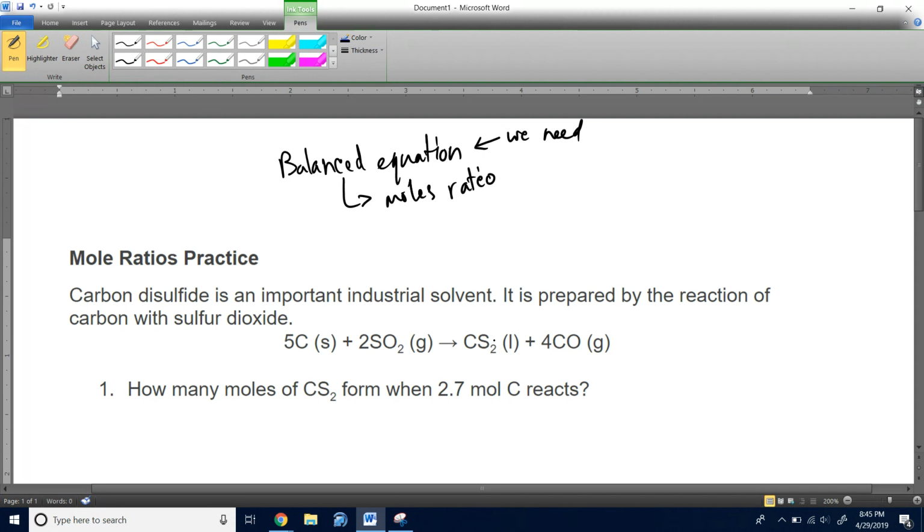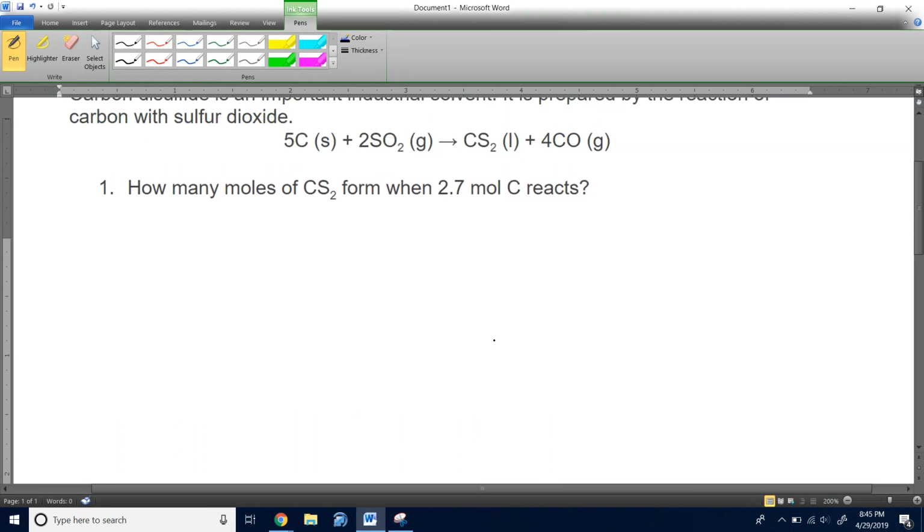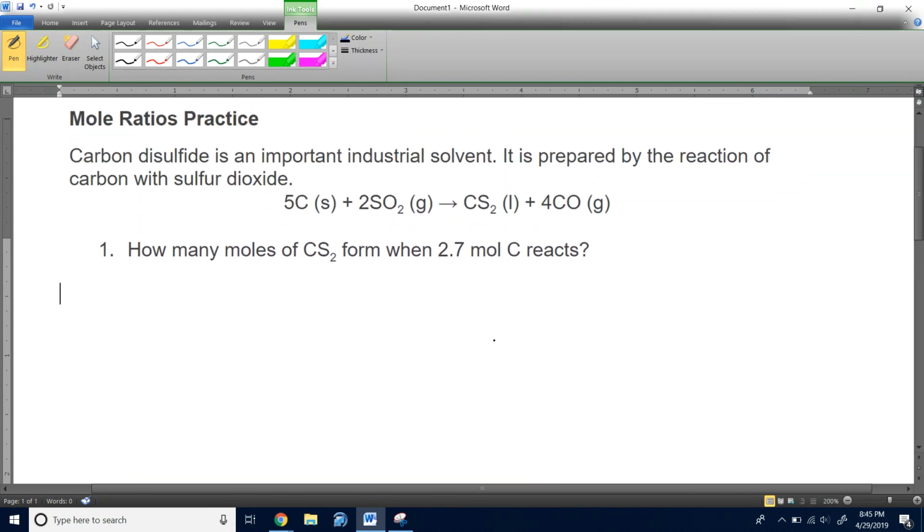Okay, so when we're doing these problems, we have to follow a certain stepwise procedure. The first step that we should consider is to circle the unknown, or what we are looking for.